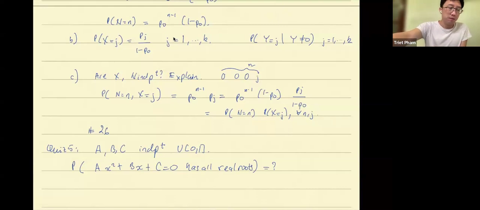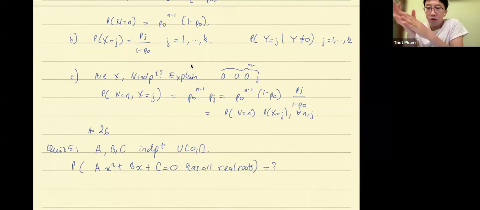So how do we answer this question? First of all, we need to translate this question into some statements involving A, B, and C, because A, B, and C are the random variables.